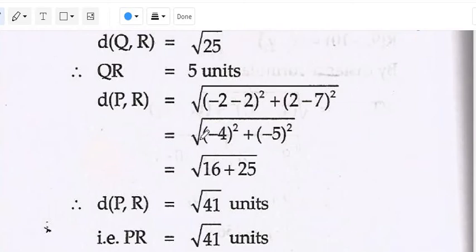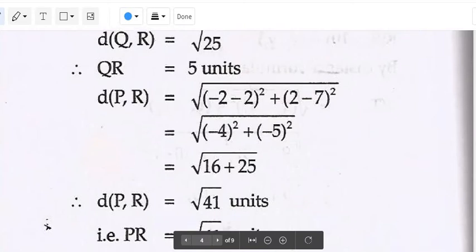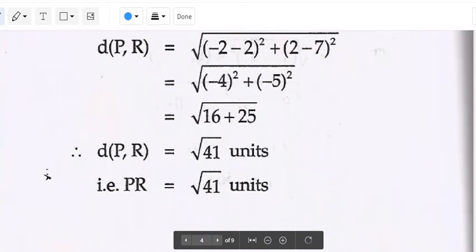Now the square root of minus 2 minus 2 is minus 4 squared plus 2 minus 7 is minus 5 squared. Minus 4 square is 16 and minus 5 square is 25. 16 plus 25 is 41, and is the square root of 41 possible? No, and therefore distance PR is equal to under root 41 units.